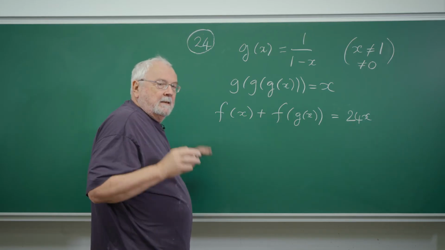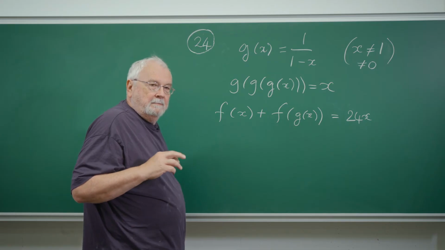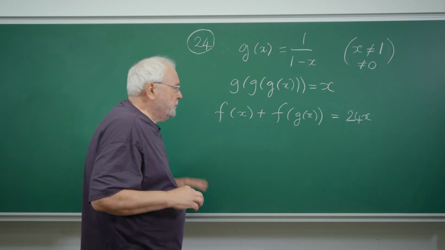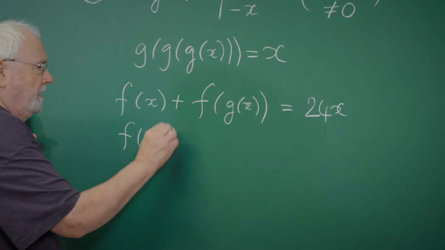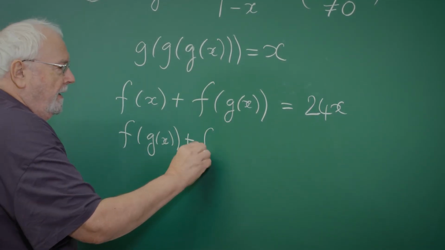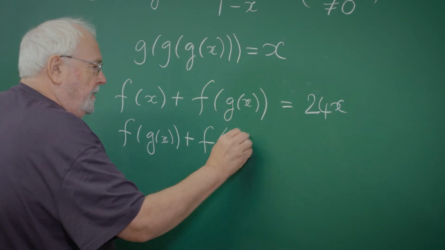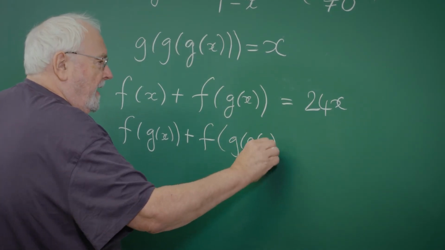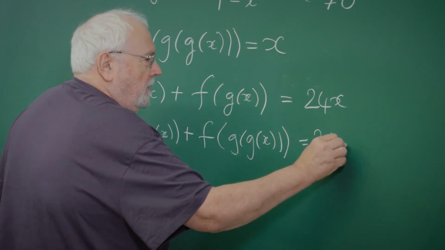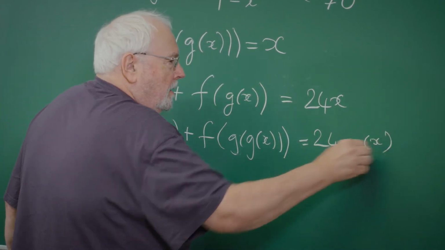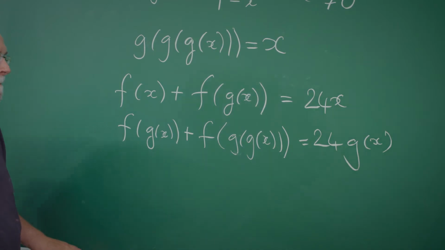Now replace x by g of x in this equation. We obtain f of g of x plus f of g of g of x equals 24 g of x.